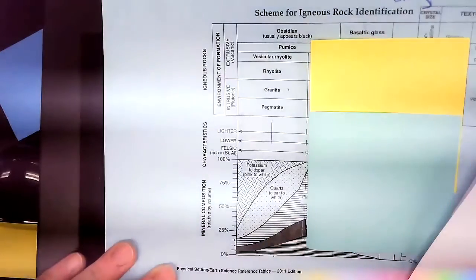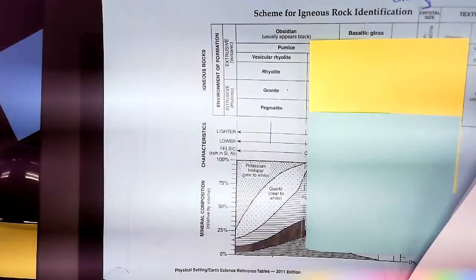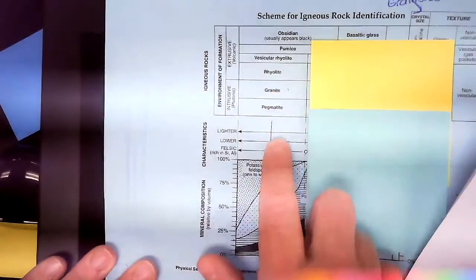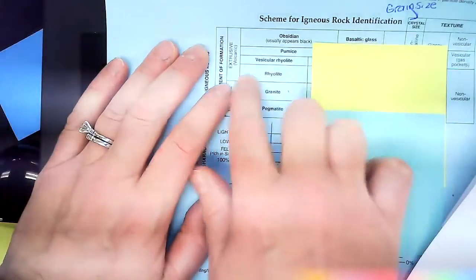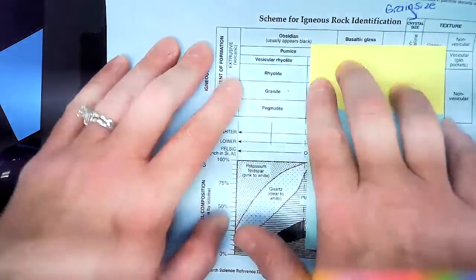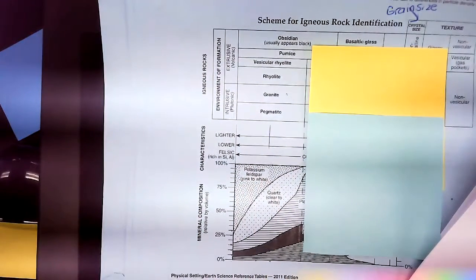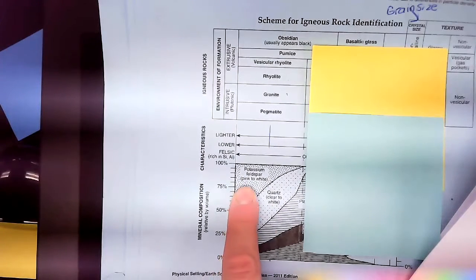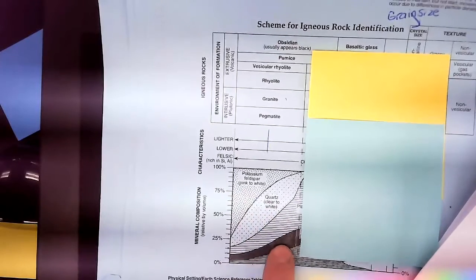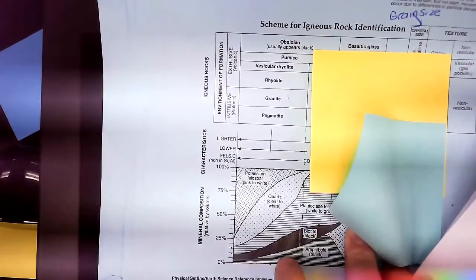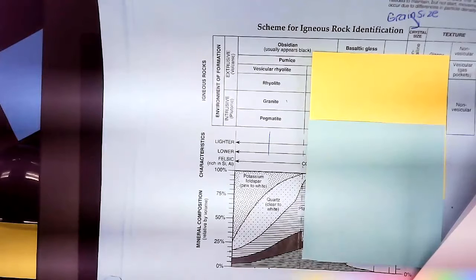If I asked you what minerals are in granite, you follow, so see how granite has its own box? You follow that down, and any of these symbols that are underneath granite are the minerals that are in granite. So granite has potassium feldspar, quartz, plagioclase, biotite, and amphibole listed underneath it.